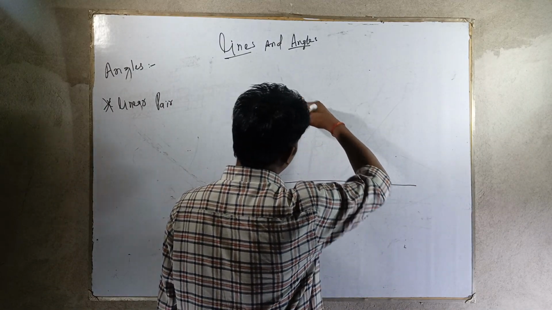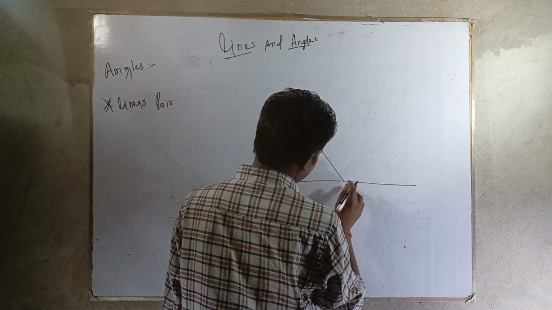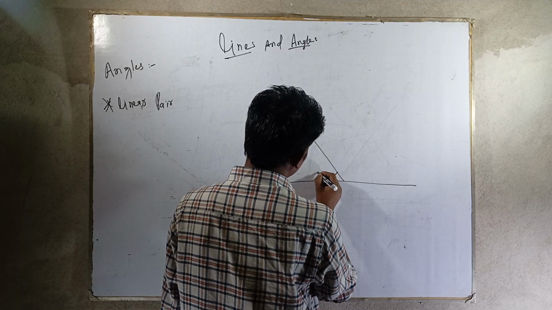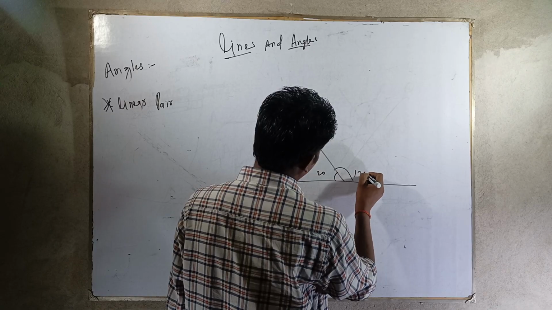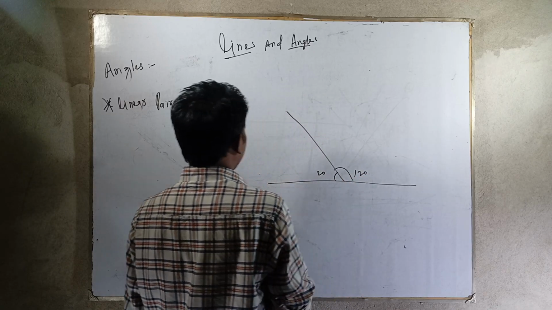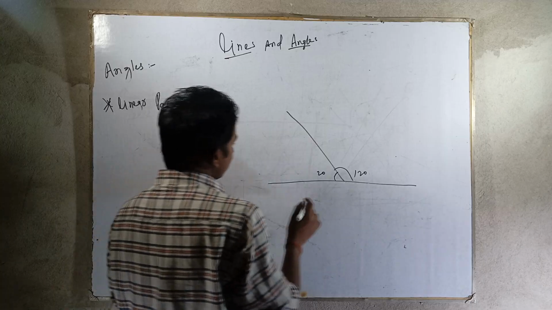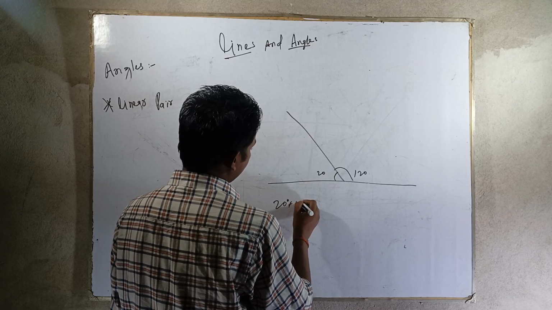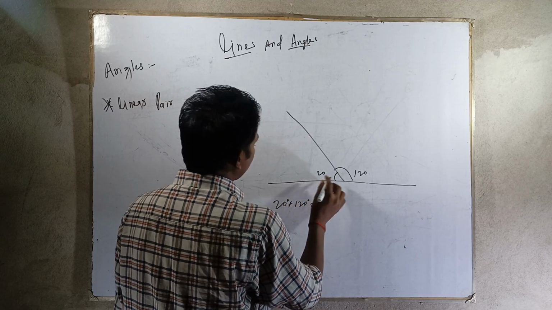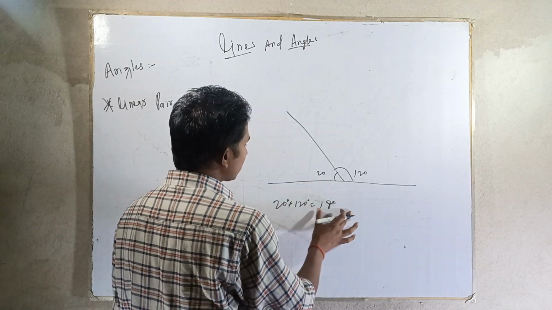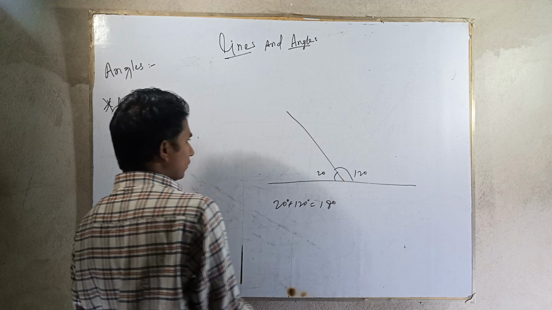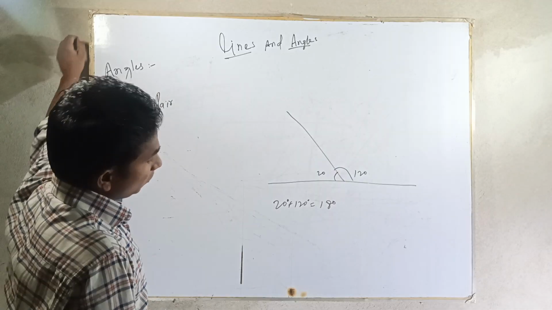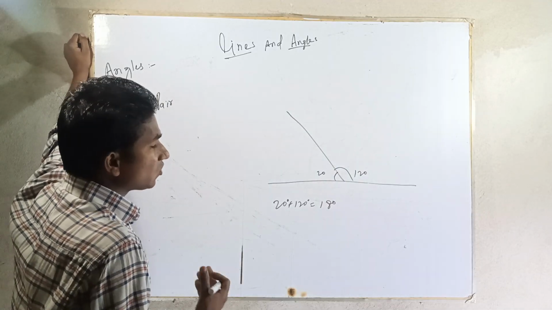When at a line, one angle line intersects at a point, and this angle becomes 60 degrees, then the other will be 120, so this is called a linear pair. A linear pair is also like a supplementary angle, because both are added and equal 180. A linear pair is always 180 degrees.